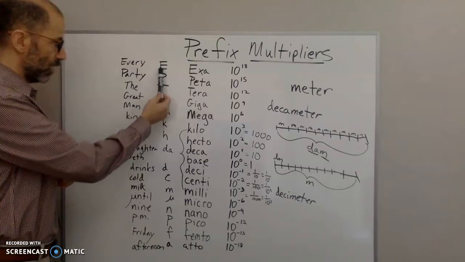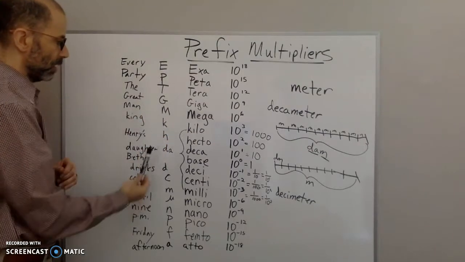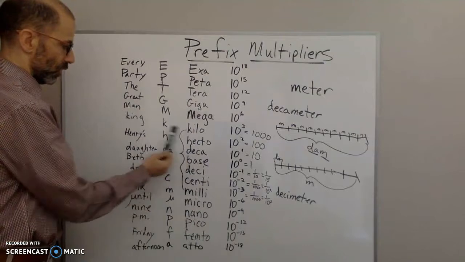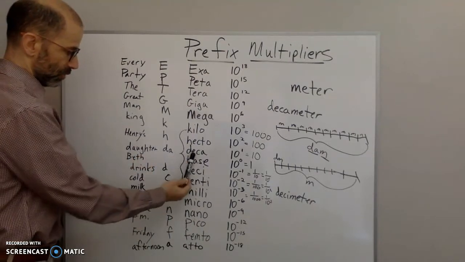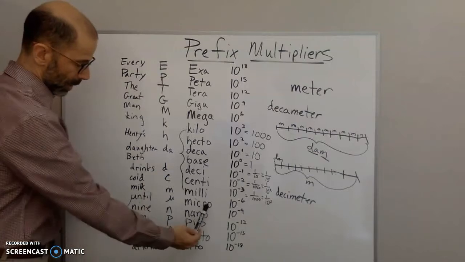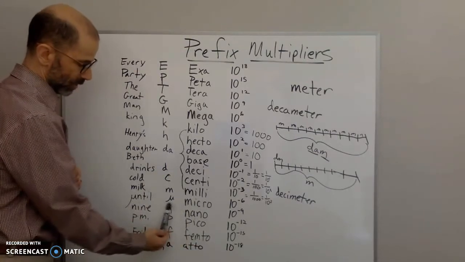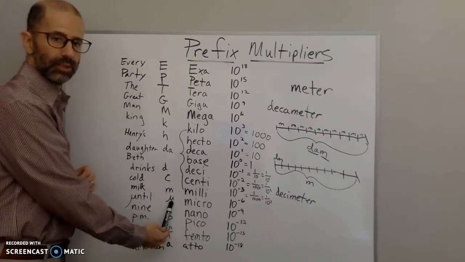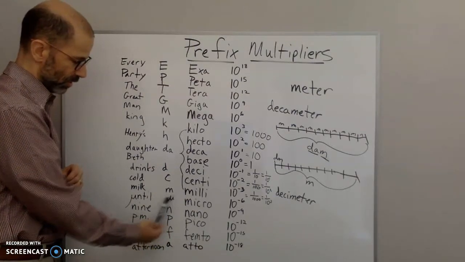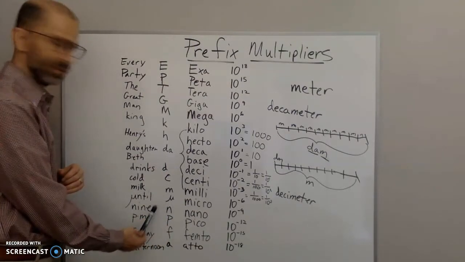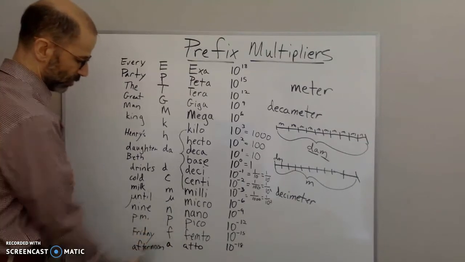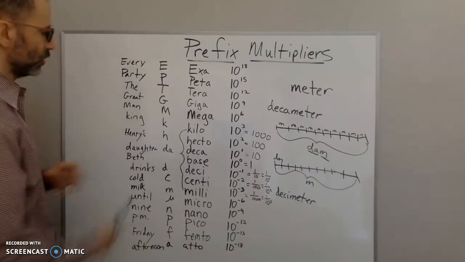You have capital letters here: mega is capital M, giga is capital G, kilo is a small k. We said deca was DA. Then you have smaller letters, like micro, which has a funky letter, the Greek symbol mu. It looks like a U with a long tail at the end. That's for micro, nano, pico, femto, atto, and so on.